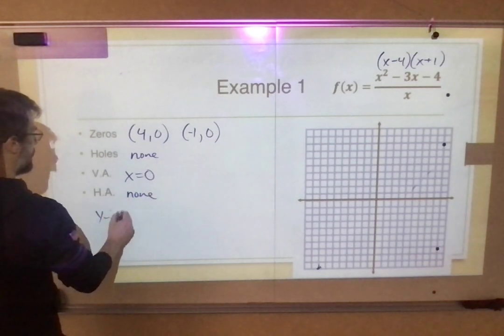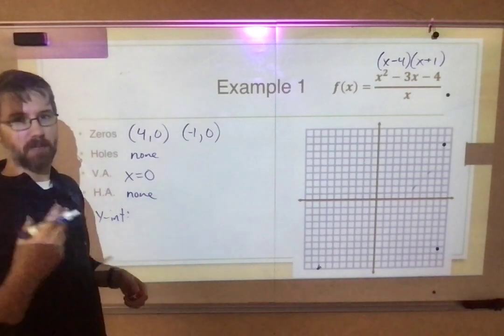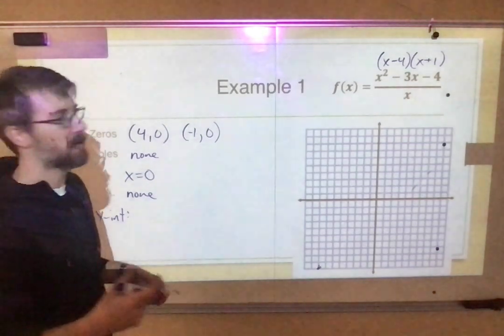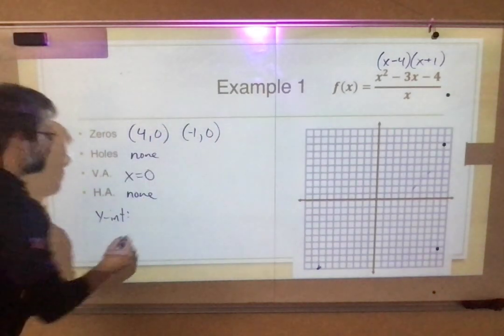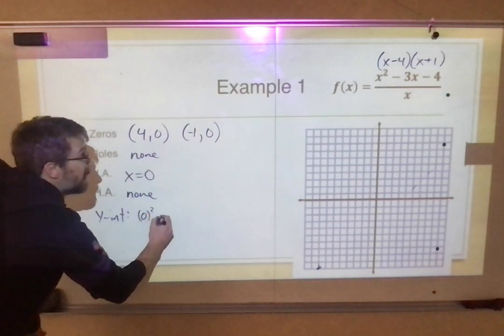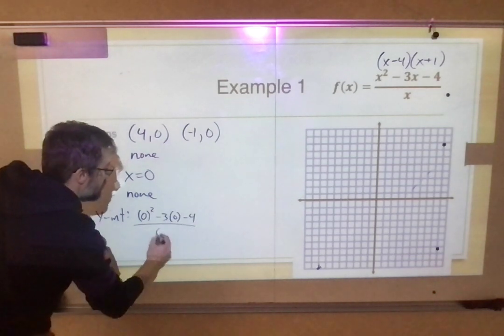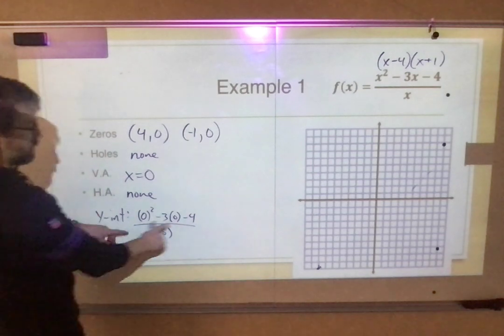And then our y-intercept. Remember, you can find the y-intercept when you plug in 0 for x, right? So if I plug in 0 for x, I get 0 squared minus 3 times 0 minus 4, all over 0. And what happens there?